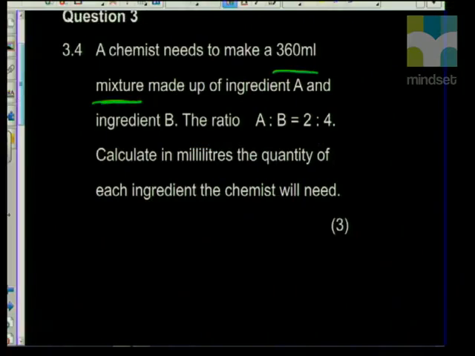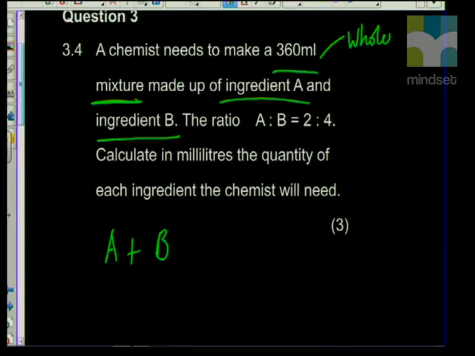When it says mixture, it means the whole. That's the 2 parts added together gives me this mixture. It's made up of ingredient A and ingredient B. So basically that means A plus B is equal to the mixture.